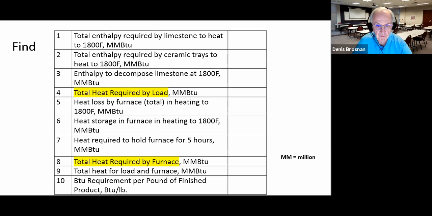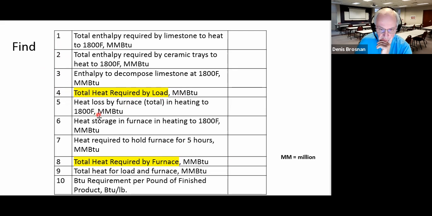So here are the questions, and I just did them 1, 2, 3, 4 for you to make it easy in your calculation. So we start out trying to get the total heat requirement by the load. You're going to find out we're going to be working with millions of BTUs. So my symbol for million BTUs is MMBTU.